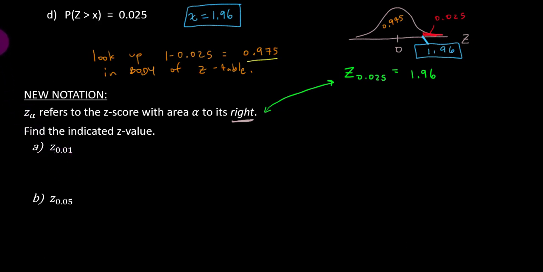Let's try these two questions here. So both of these are referring to small areas in the right tail. We might be able to do them both in one fell swoop here. So 0.01 and 0.05.